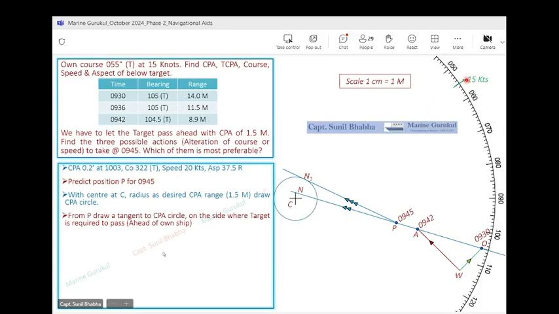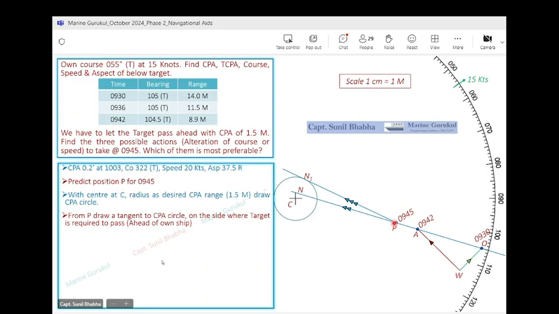Our ship is steering a course of 055, so the target has to pass ahead of us. That means on this particular tangent line, Papa November 1. If we take the second tangent in this particular way and the CPA is somewhere here, with our ship moving on a course of 055, the target would be passing astern of us. So that's why we have not picked up the second possibility of the tangent.